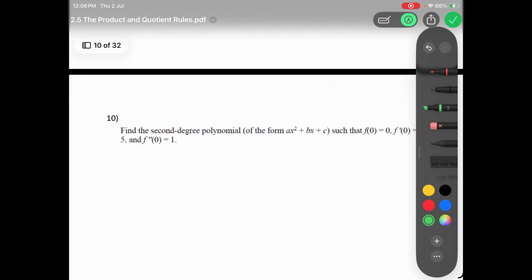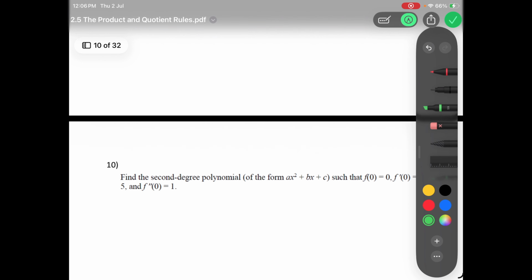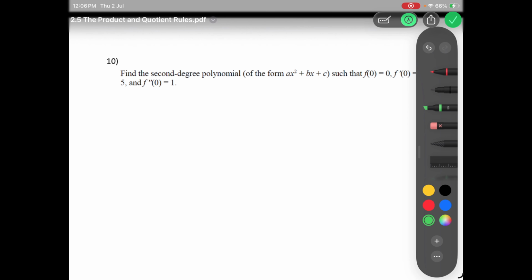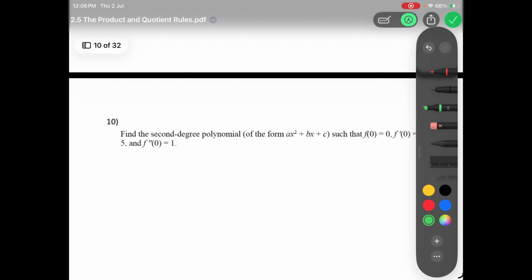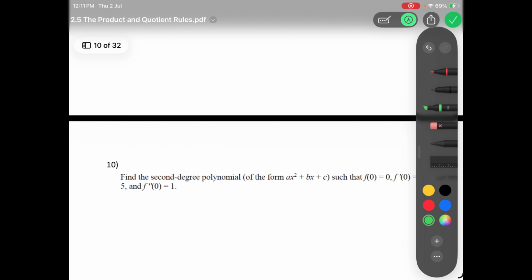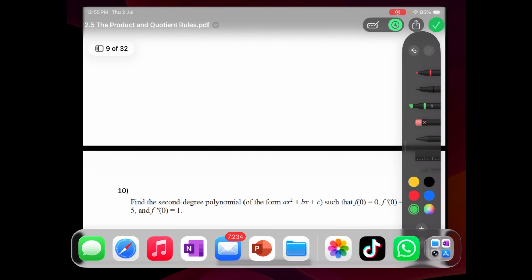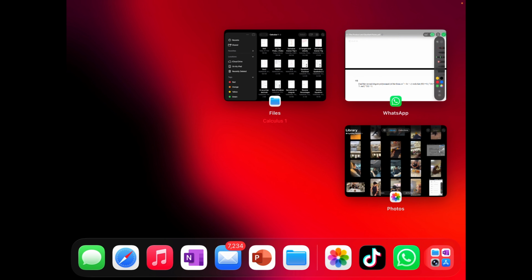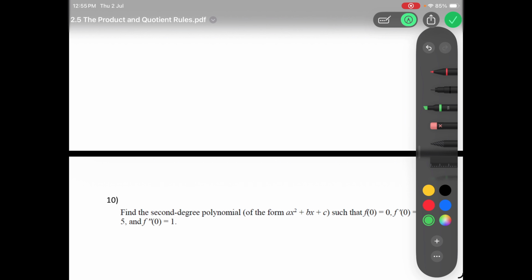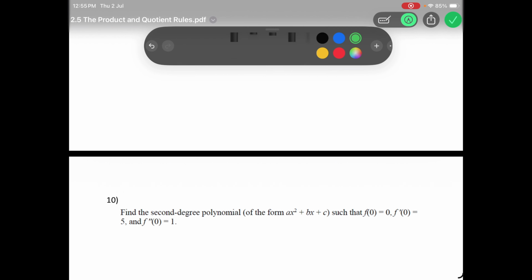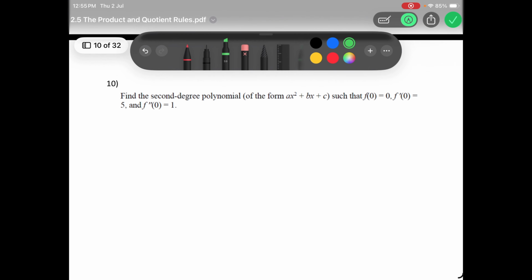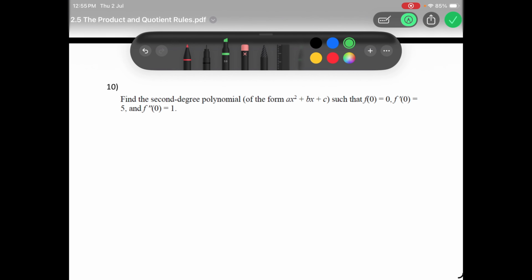And what I have here, okay, so what I need here, I need f prime and f double prime in a list form.